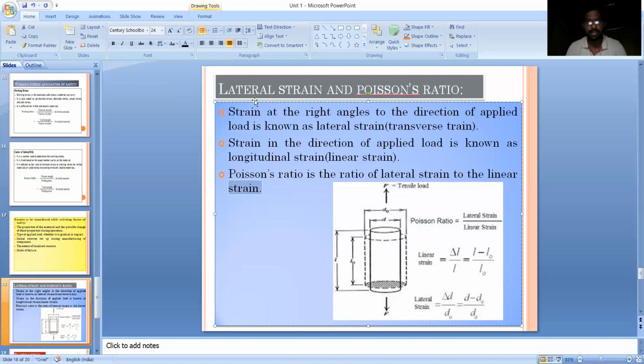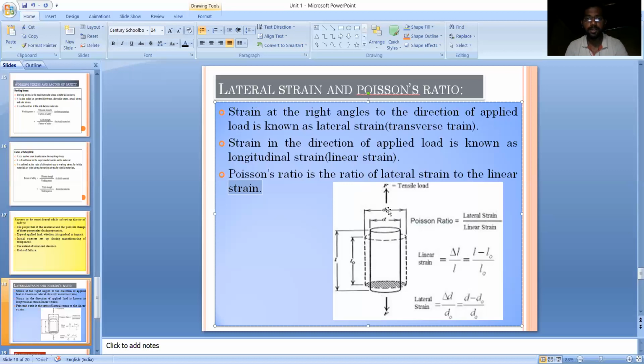So let us understand it once again. The lateral strain is the strain which is at right angles to the direction of the applied load. We can define it like this also: the ratio of the change in dimension perpendicular to the applied force to the original dimension perpendicular to the applied force is known as lateral strain.